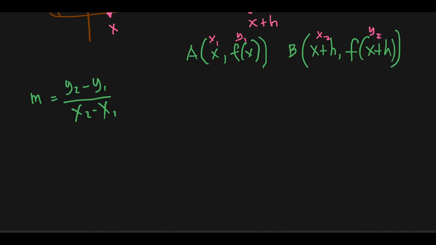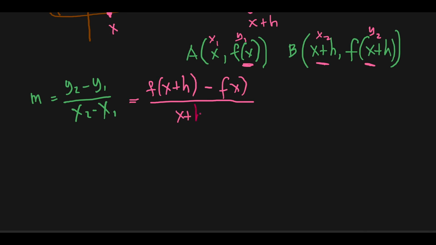So going back to our derivation, y sub 2 is here, so this will become f of x plus h minus y sub 1, which is f of x, all over our x sub 2, which is here. So that is x plus h minus x sub 1, which is x.